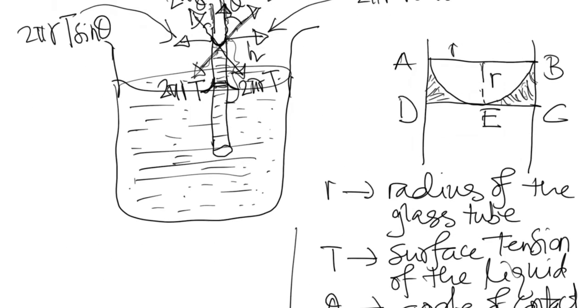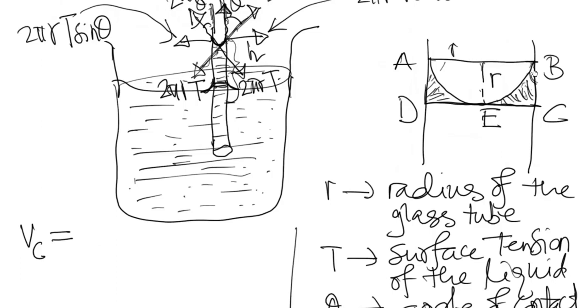You see, if we find the volume of this portion, this is a part of a cylinder, and then if you subtract this volume, we will get the Vc.